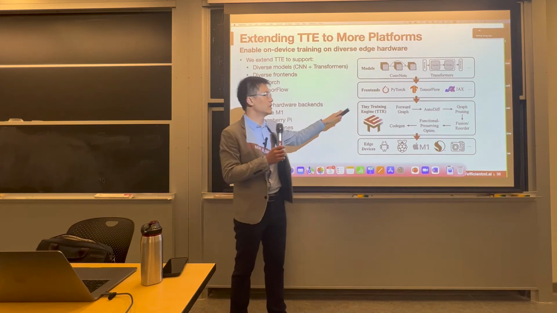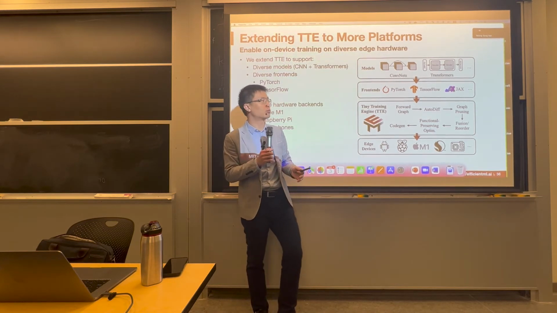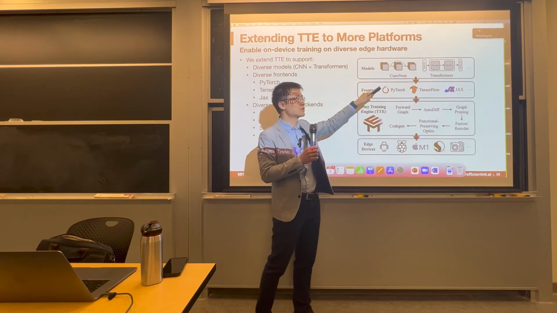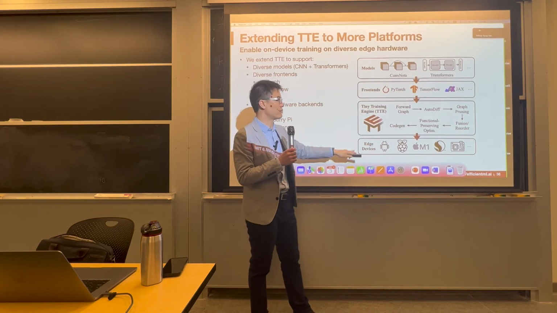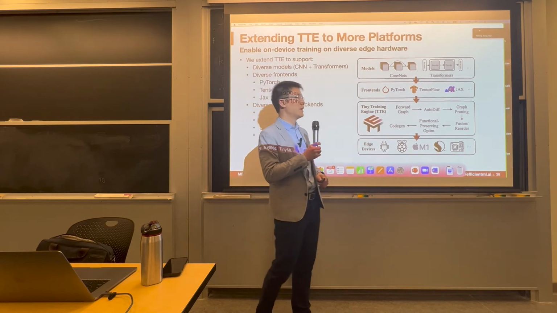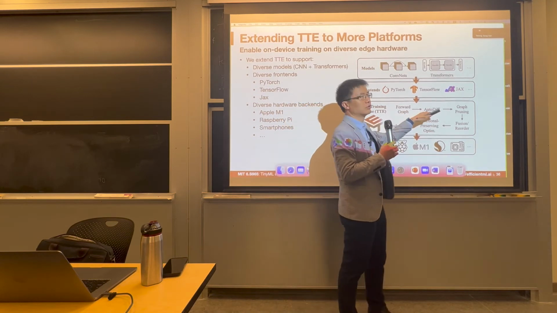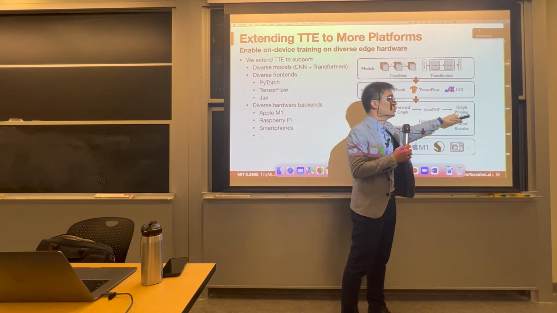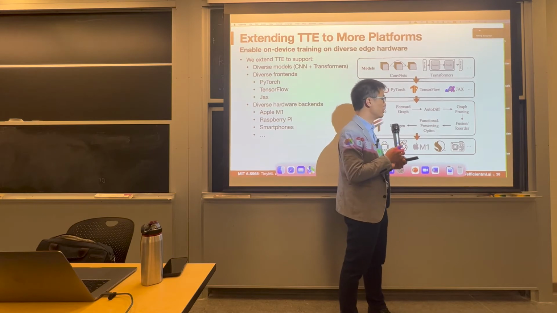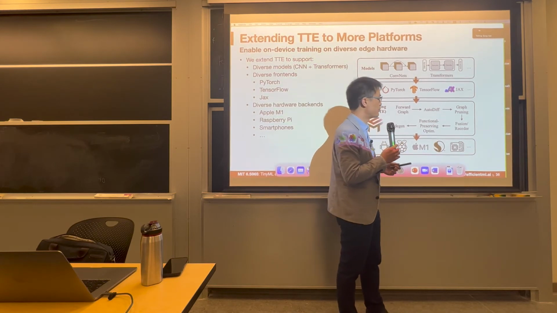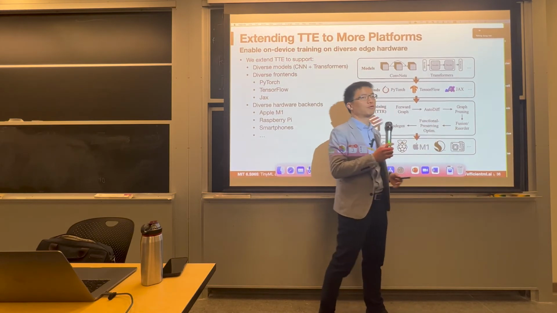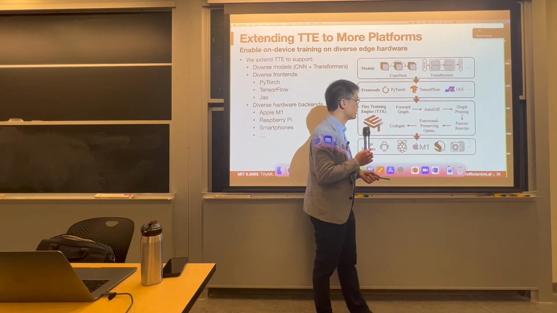So Tiny Training Engine provides a very versatile bridge between diverse models, diverse front ends, and diverse hardware platforms. And the idea is very similar: auto differentiation at compile time, prune the graph to remove those redundant operators for sparse backpropagation, and fusion and reordering to save the gradient memory.